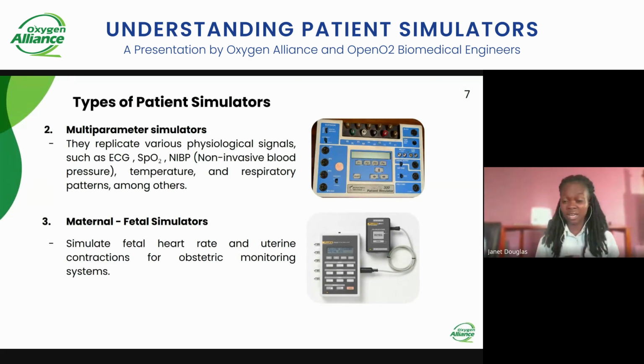So you can check a couple of parameters from a single simulator. Finally, we have a maternal or fetal simulator. These are specifically for fetal heart rate, as well as uterine contractions for obstetric monitoring. So for pregnant mothers, or even for checking the condition of the fetus, you use this type of simulator.